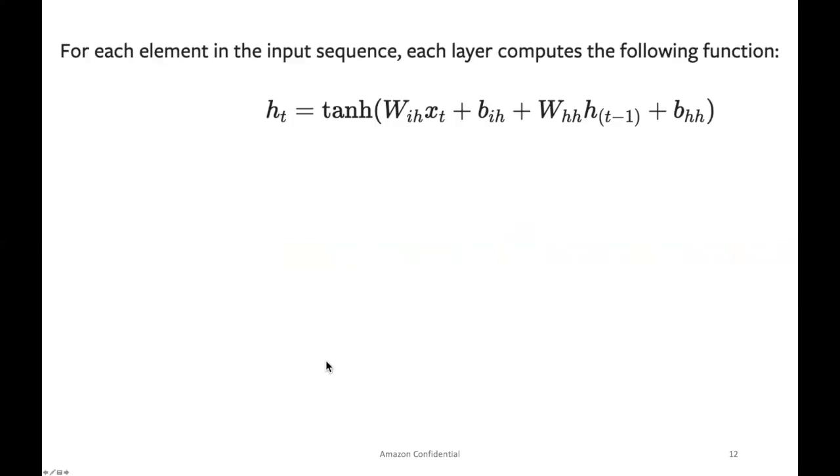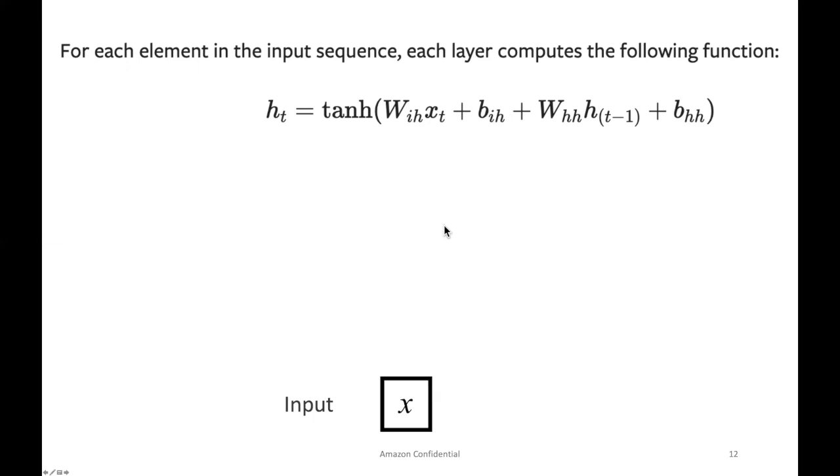So let's take a look at how the forward propagation of RNN looks like. So don't worry about this equation. We will cover how this comes into being. Just notice that there are three weight matrices here, this one, and then these biases.